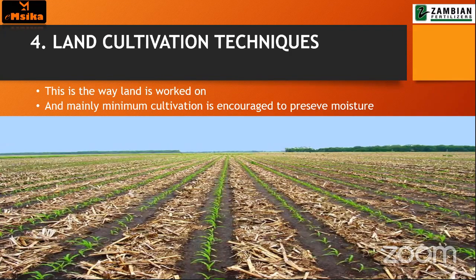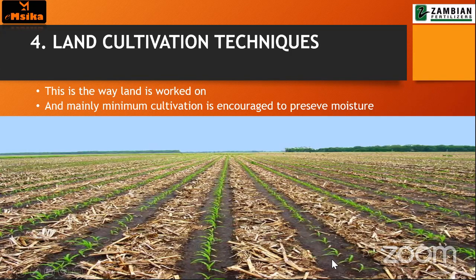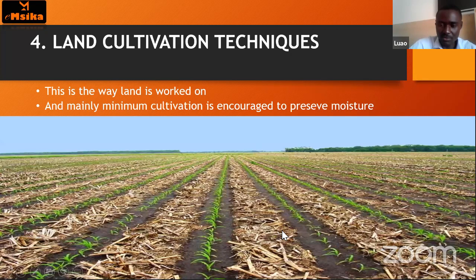One, you conserve moisture, because when you just plow where you're going to plant and this patch remains, when it rains today and it doesn't rain for some days, this part between, where it wasn't plowed, is a bit hard, or it has developed like a small pan.